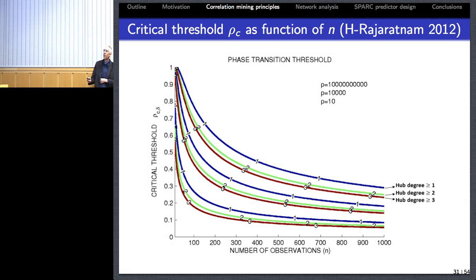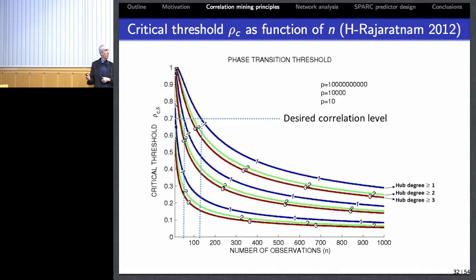So if you want, for example, to discover correlations that are greater than 0.7 in magnitude, then if you want to discover those correlations in terms of just connectivity, right, not hub degrees of greater than 2 or 3, then you're going to need about 50, 60 samples in order to hit that if you have 10,000 biomarkers.